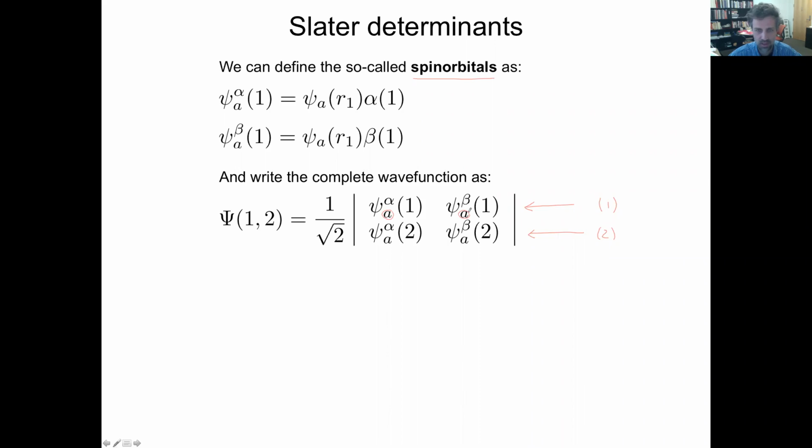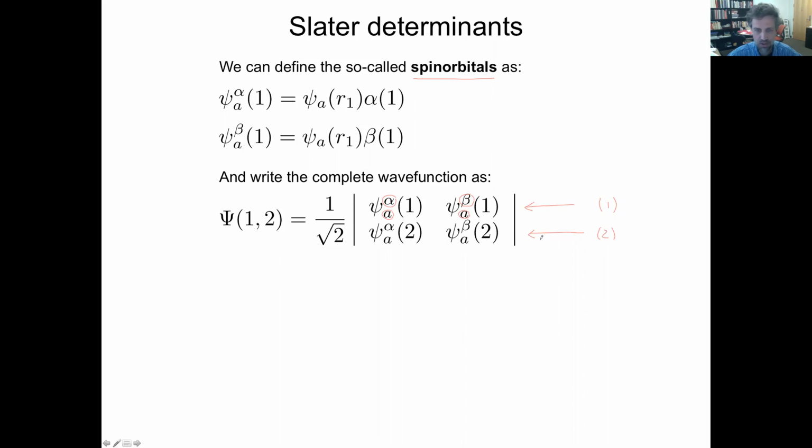Then it has two possibilities in this state: it can sit in the alpha spin state, or it can sit in the beta spin state. We don't know if particle one is spin up or spin down. So the two possibilities for electron number one are that it sits in 1s, and it can either be spin up or spin down. Those are the two possibilities, and then we're done with the possibilities.